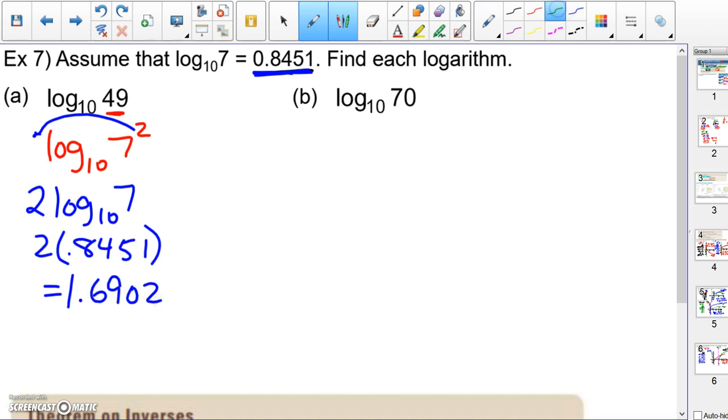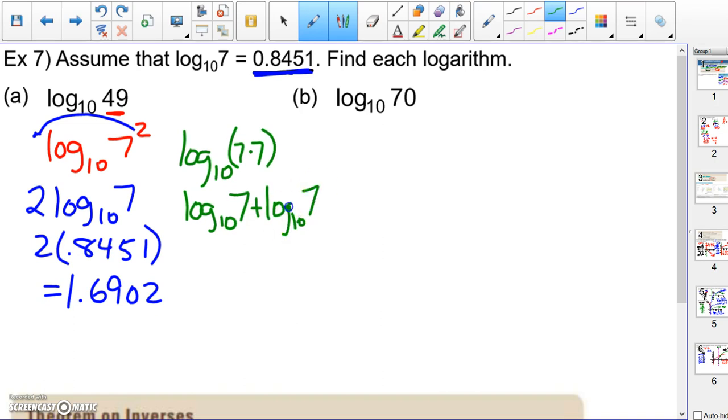So I could have done it another way if I had called this log base 10 of 7 times 7, and using another property I would have said log base 10 of 7 plus log base 10 of 7, and so we would have used 0.8451 plus 0.8451, which would have given me the same answer. So you've got a couple of options there. It's just what you see fit. I kind of like the first way a little better.